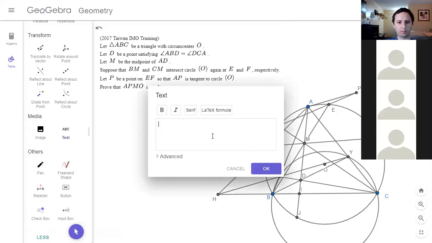So here's the first solution. Let BD meet AC at Y, and let CD meet AB at X.